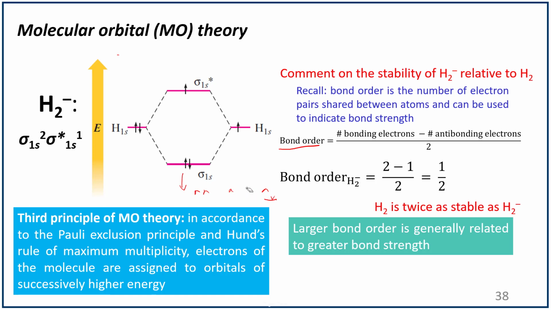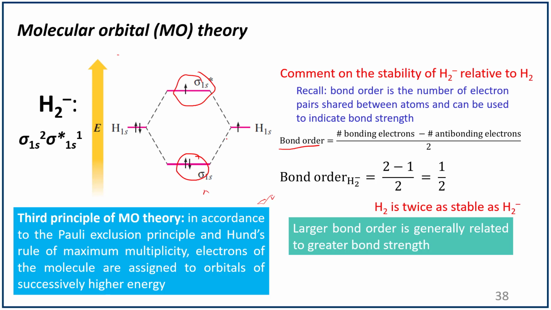The bond order formula for MO theory is the number of bonding electrons, meaning these, minus the number of anti-bonding electrons, meaning those in orbitals with a star, divided by 2.